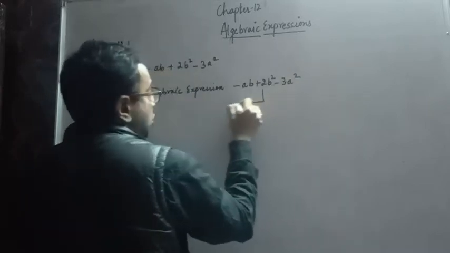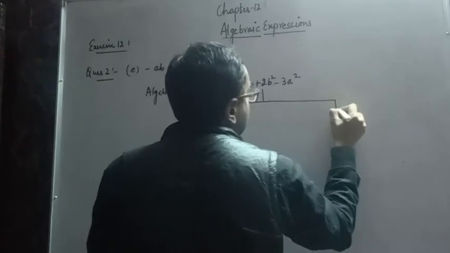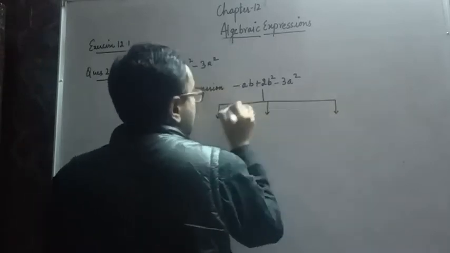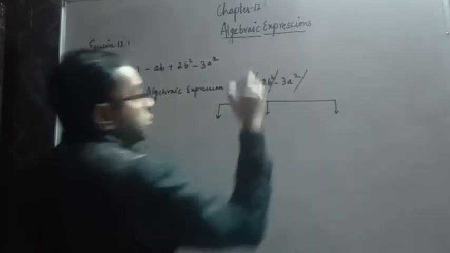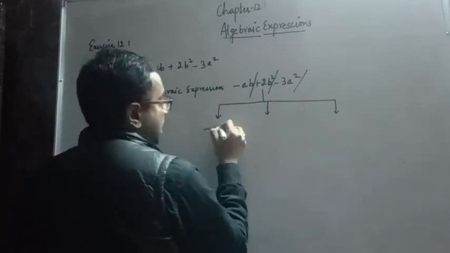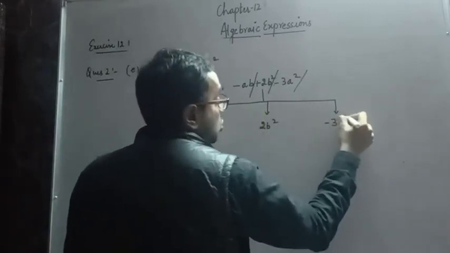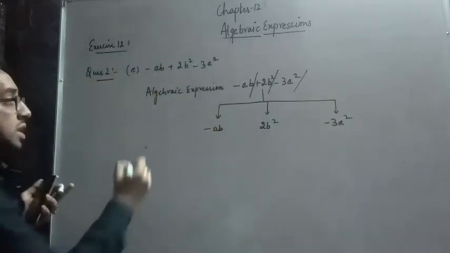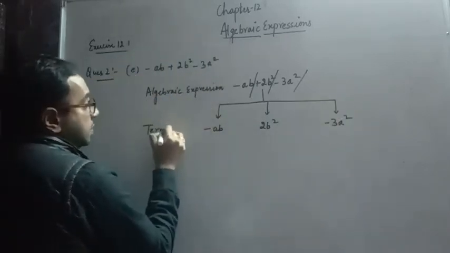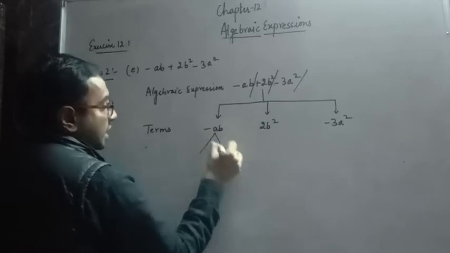Right? Then you will be writing the terms. How many terms are there? See how many? 1, 2, 3. So 3 terms are there: minus AB, 2B square, minus 3A square. You have to include the minus. So these are terms.